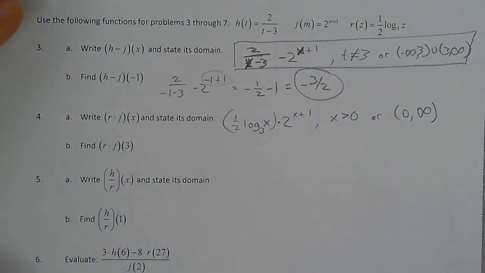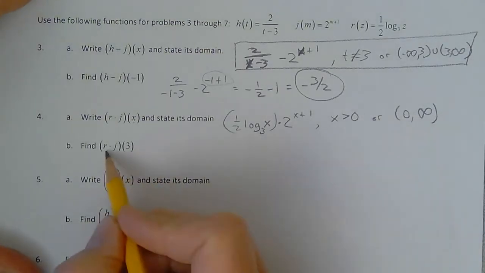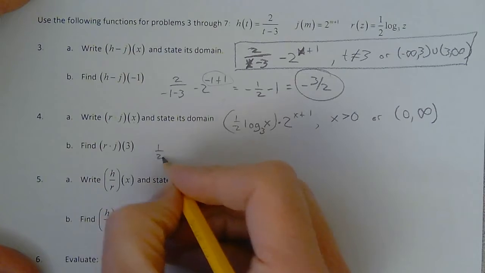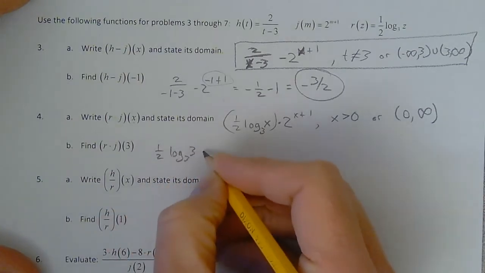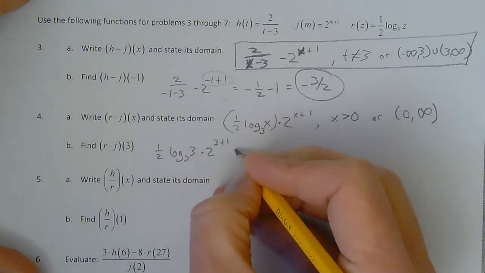All right, so we've got that as our domain, and now evaluate that at 3. If we replace all the x's with 3's, we're going to have 1/2 log base 3 of 3 times 2 to the 3 plus 1.